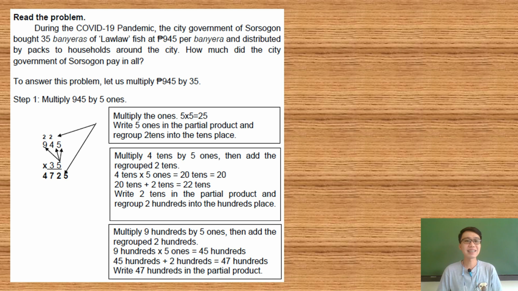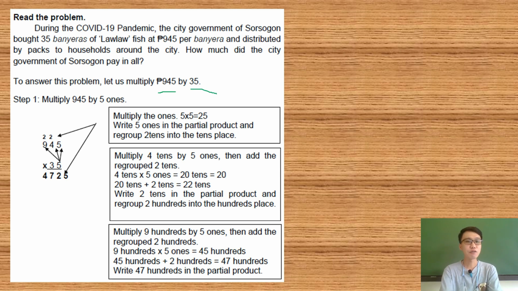How much did the city government of Sorsogon pay in all? To answer this problem, let us multiply 945 by 35.